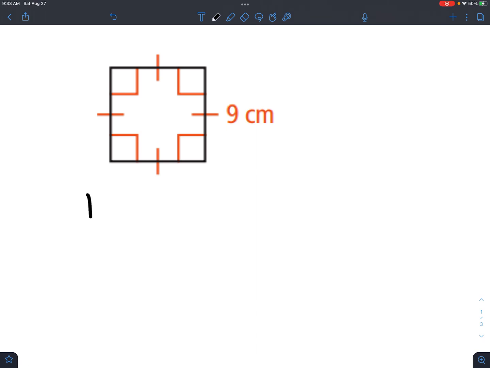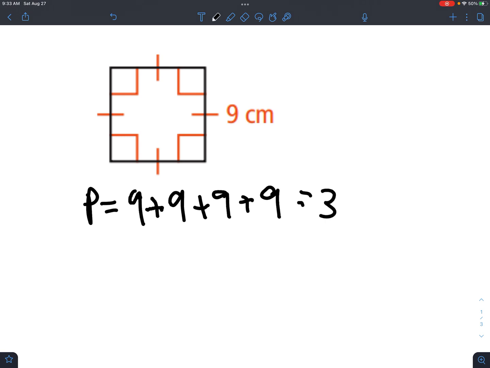So perimeter, all the side lengths are 9. So it's 36 all the way around. And the area is going to be 9 times 9 since it's base times height. So 81.